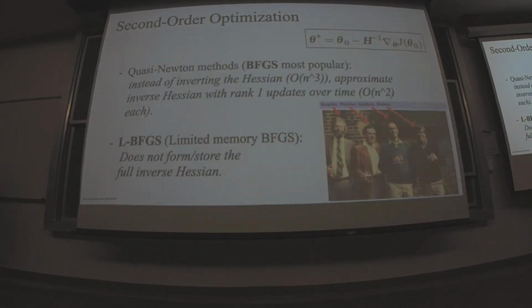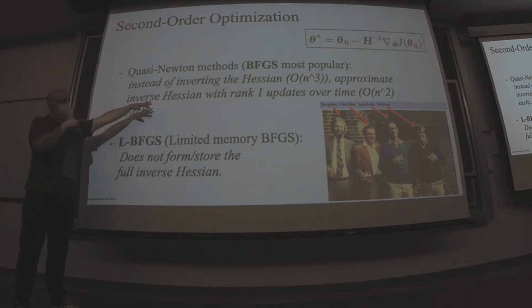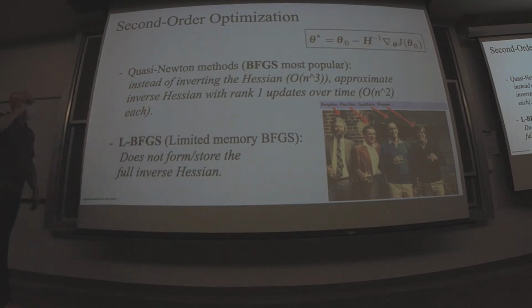There are some approaches to this that people have proposed and used successfully in some problems. So quasi-Newton methods. All of these are ways of approximating the inversion operation of that Hessian matrix.